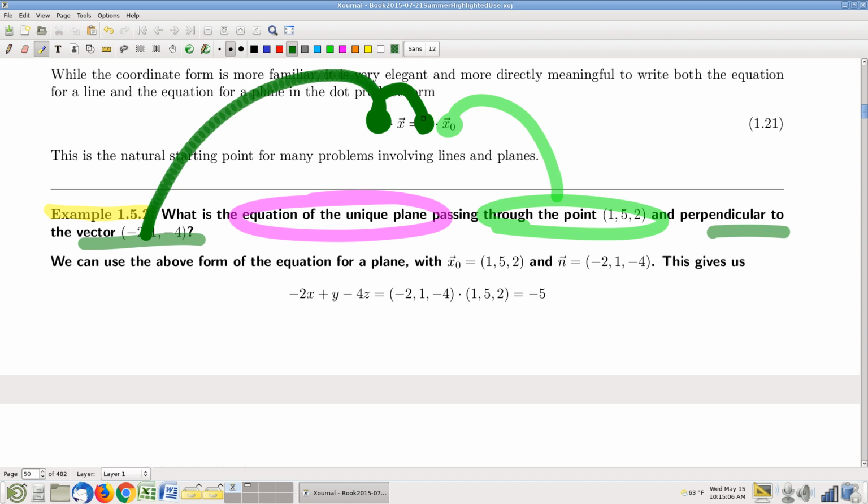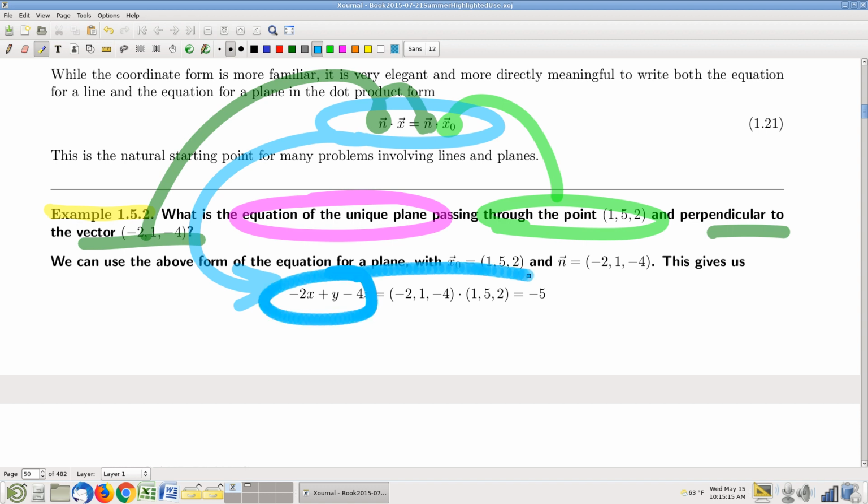That is therefore our n vector. And this equation becomes this. That's just a little bit of plugging and chugging. Pretty good?